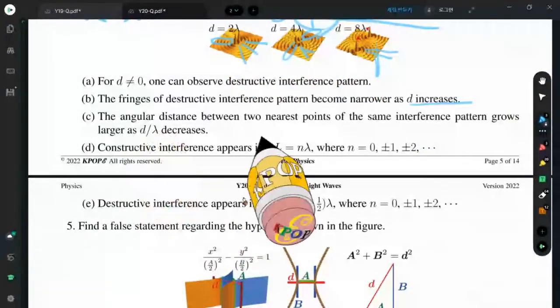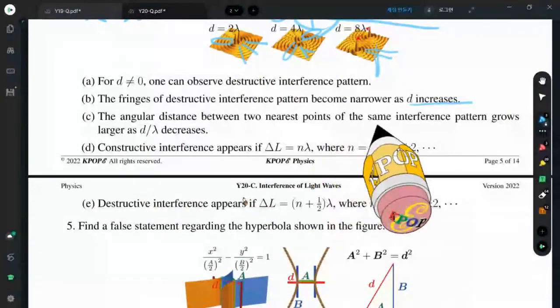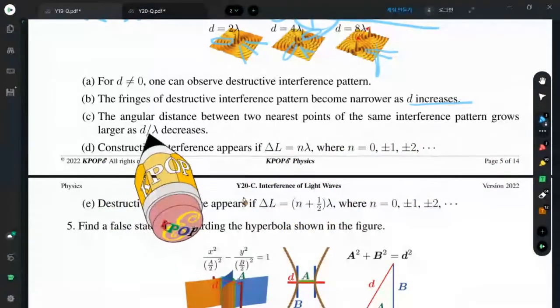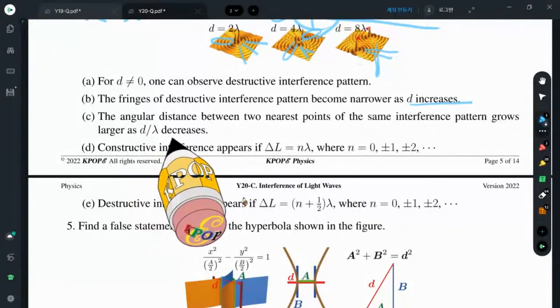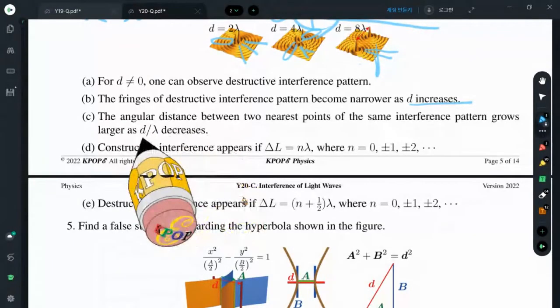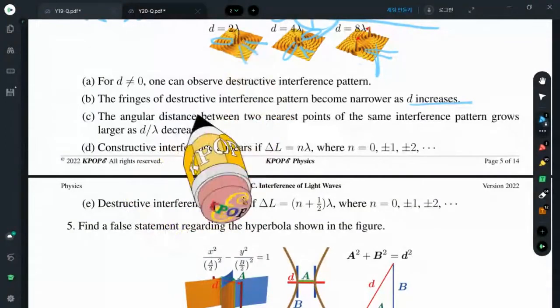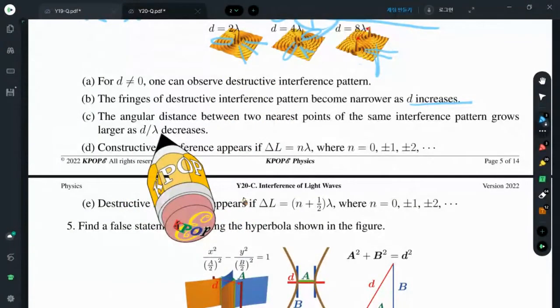The angular distance between two nearest points of the same interference pattern grows larger as this one decreases. So when d becomes smaller for a fixed wavelength lambda.